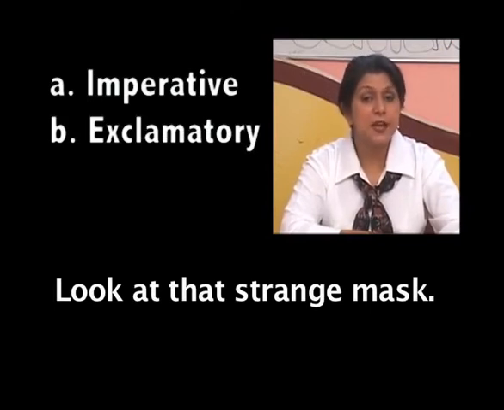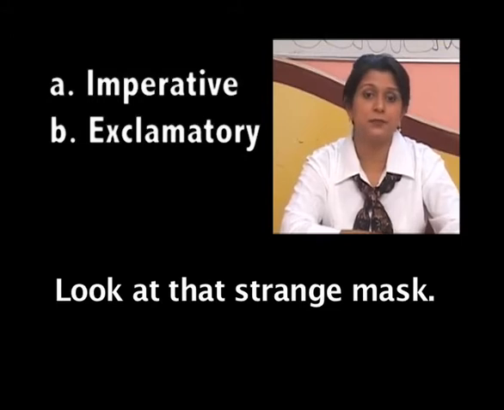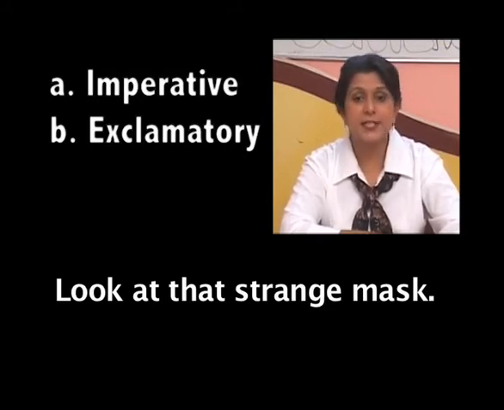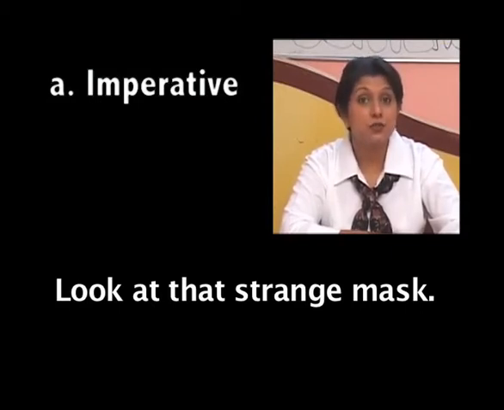Now, is this an imperative sentence or an exclamatory sentence? Look at that strange mask. Yes, it's an imperative. We're not exclaiming anything. We are asking someone to do something. We're ordering the person. Look at that strange mask. So it's an imperative sentence.